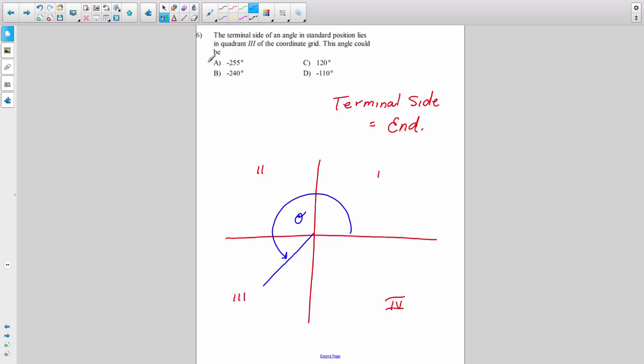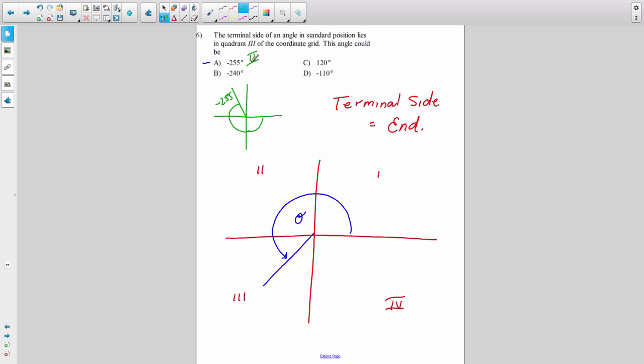Negative 255. That means we're going to go in the negative direction. Negative 90, negative 180. The next stop would be negative 270, so we would stop right about there for negative 255. That is quadrant 2.